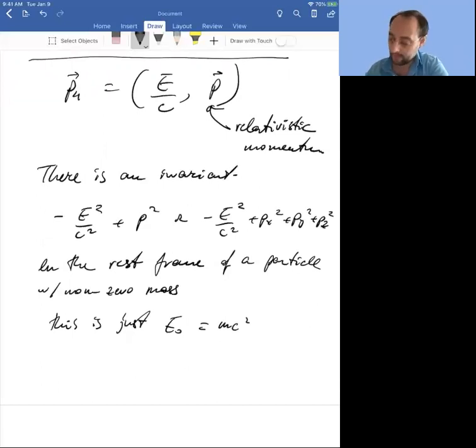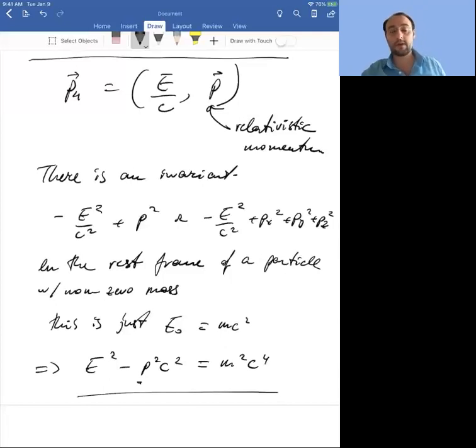And so we come to the conclusion that, rearranging some terms, this is the magnitude of the vector, I'm not writing it out explicitly in terms of components, equals m squared c to the 4th. So this is a very useful relationship because it links energy to momentum without mentioning velocity.